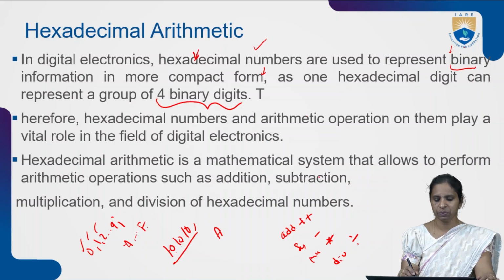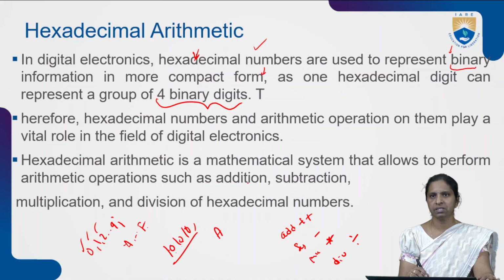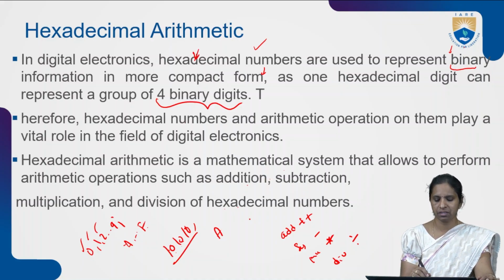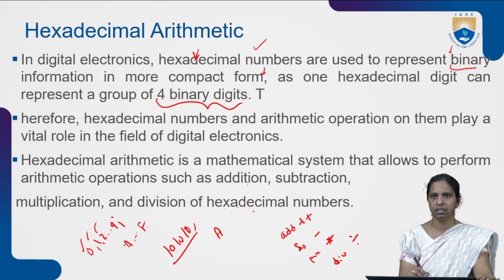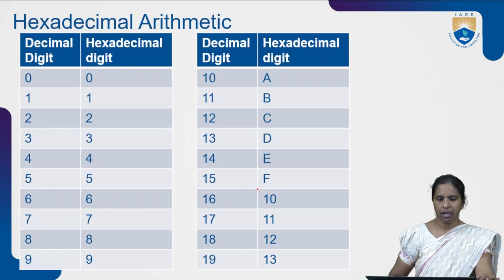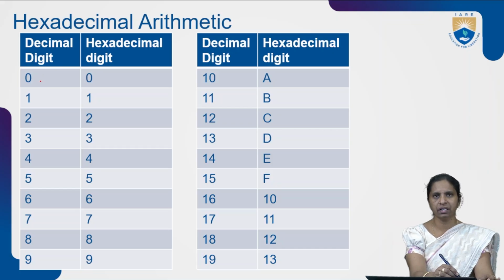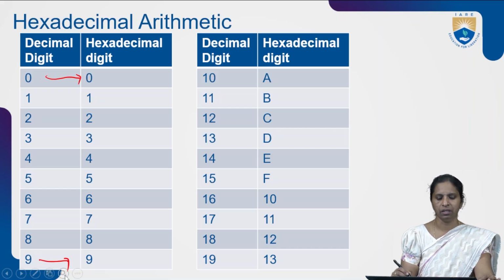So as we perform the operations in the decimal numbers like addition, subtraction, multiplication, division, we can also perform the arithmetic operations on the hexadecimal numbers. For example, the digit 0 in the decimal number system is also 0 in hexadecimal. So up to 9, it is the same.